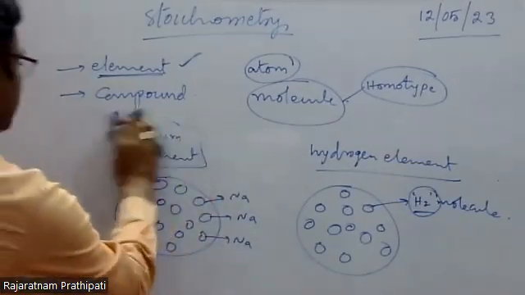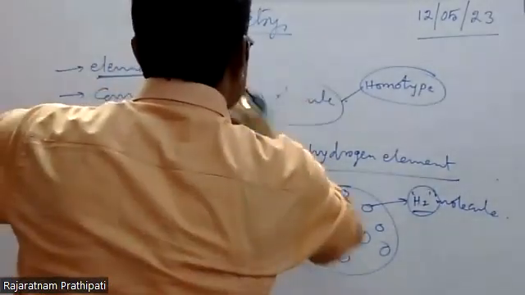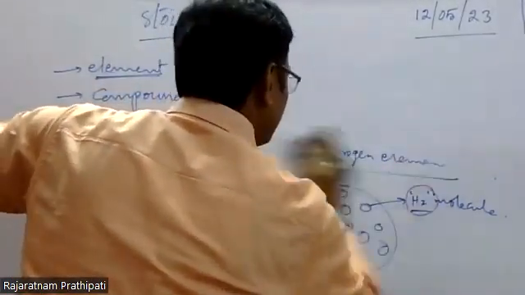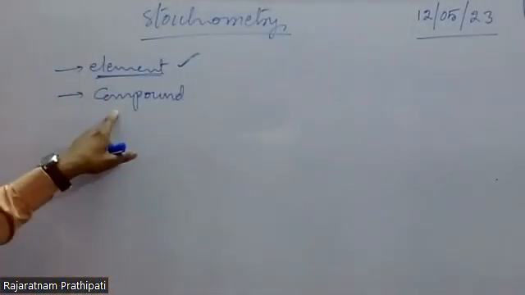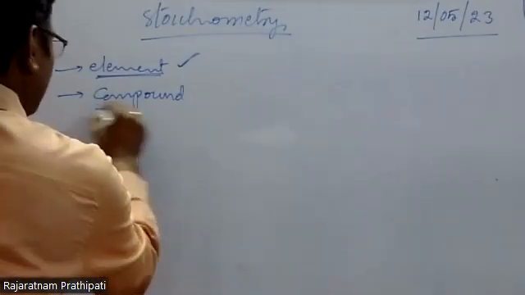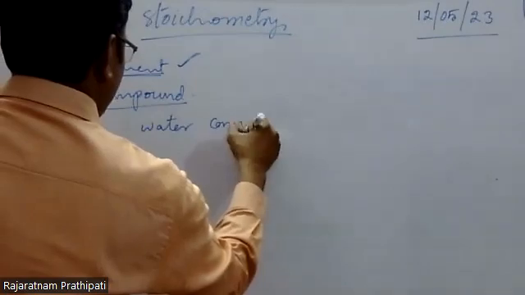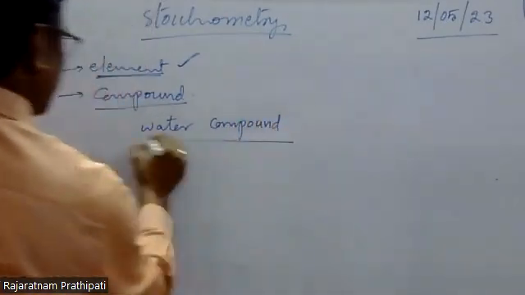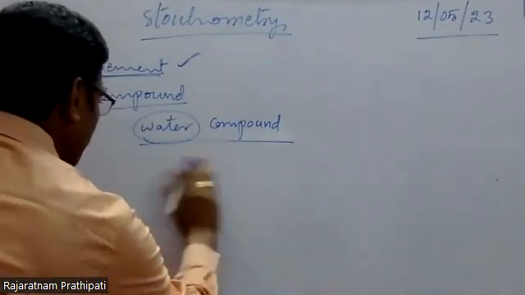Okay. If you consider a compound, what is a compound? A compound is also composed of molecules. If you consider the water compound, water is a compound, a combination of two different types of elements.